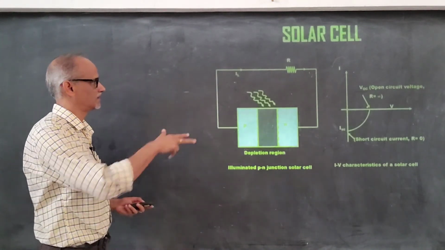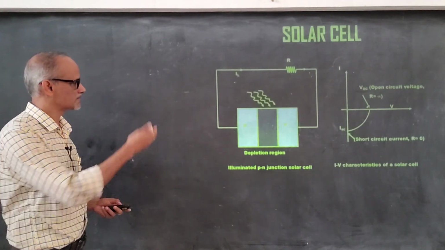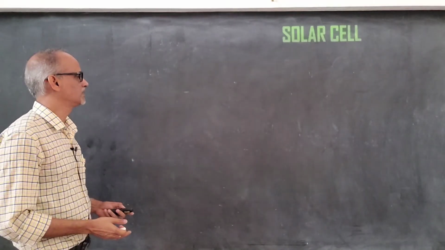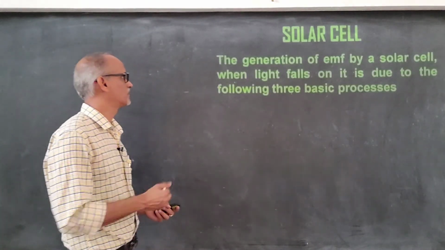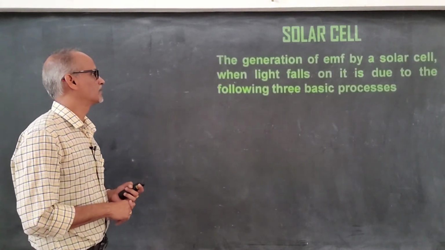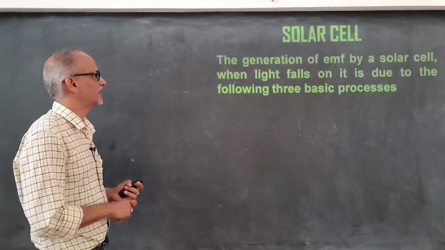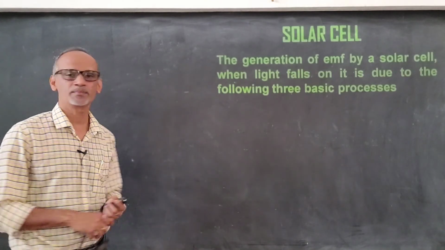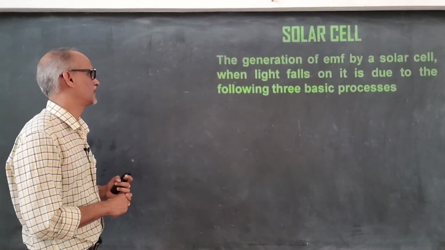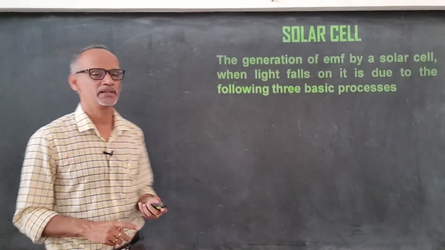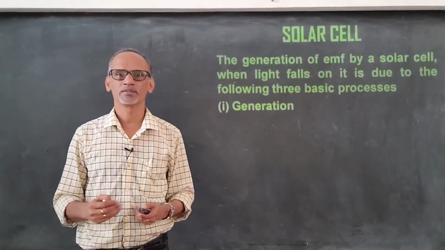And in solar cell this process involves actually 3 stages or 3 processes by which it works. So first of all, what is a solar cell? The generation of the EMF by solar cell when light falls on it is due to the following 3 basic processes. Which are those 3 stages?